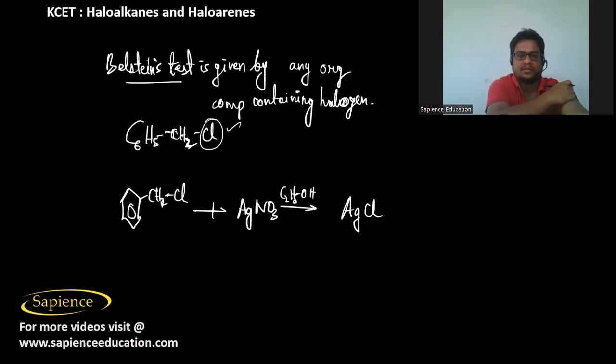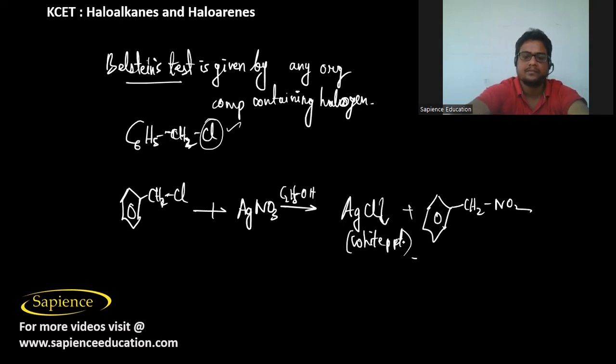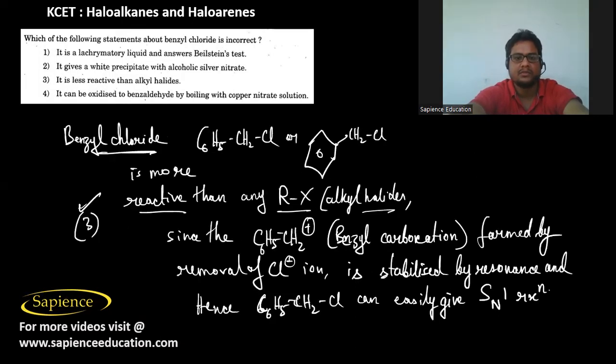So AgCl will be formed, along with the organic product. This silver chloride is a white precipitate. Hence the second statement is also true.